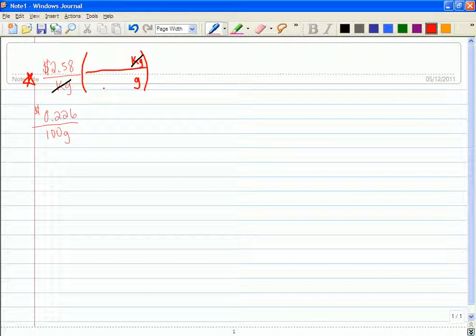So what's the conversion between kilograms and grams? Yeah, 1 kilogram has 1,000 grams. So now I'll be able to compare this. My units are going to be in dollars per gram, which is the same over here as dollars per gram.